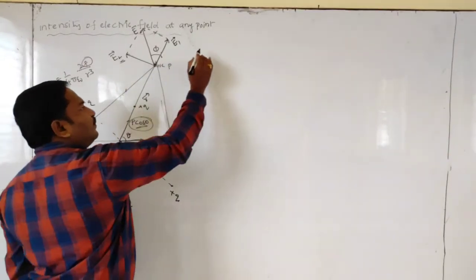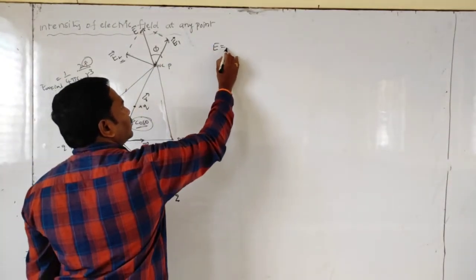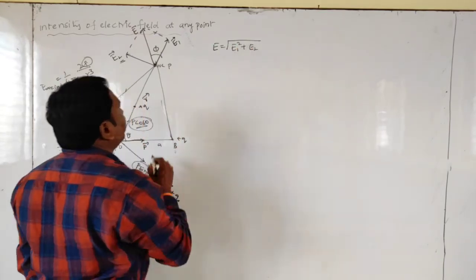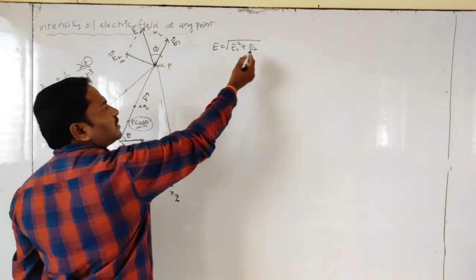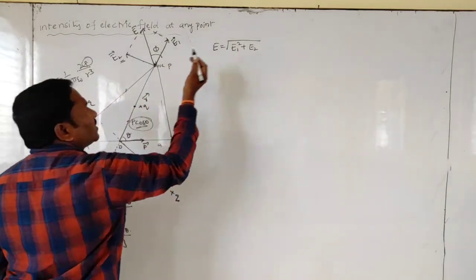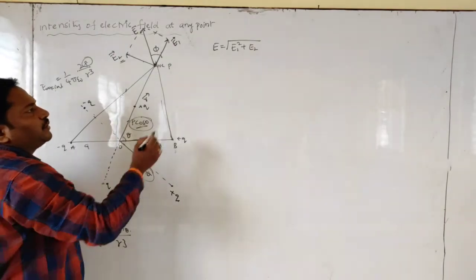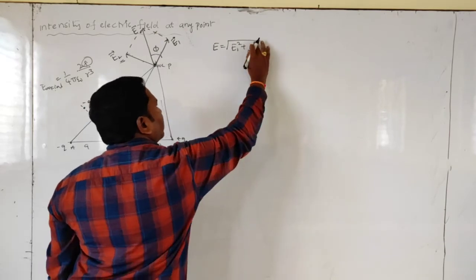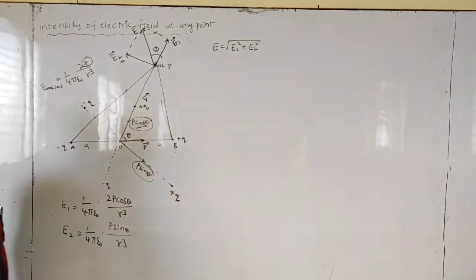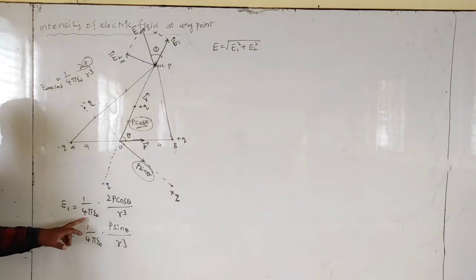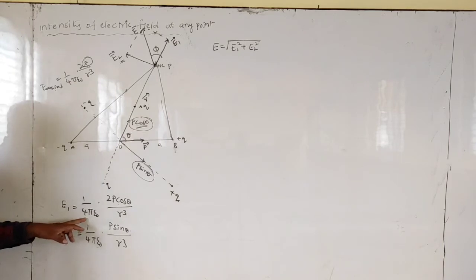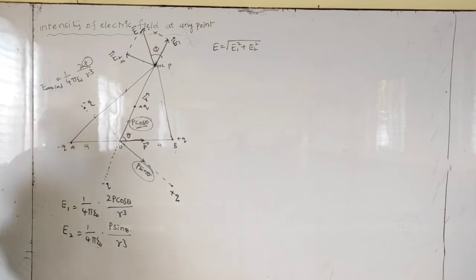Now the resultant electric field, E resultant, equals root over E1 square plus E2 square plus 2 E1 E2 cos 90, because both are perpendicular, according to the parallelogram law. So the formula we got is E1 square plus E2 square. Now first we have to square. When we square these terms with r cube, p will come outside by cancelling the root.